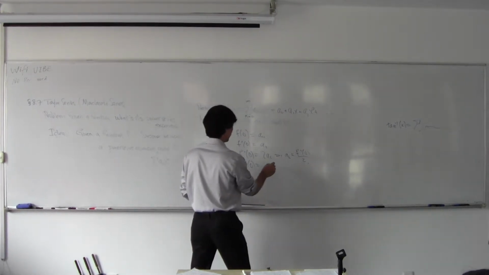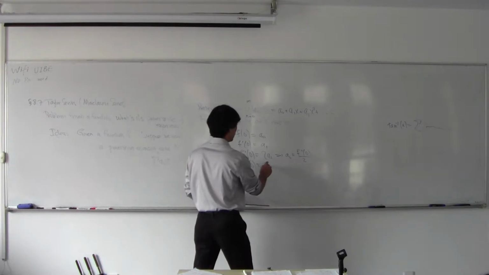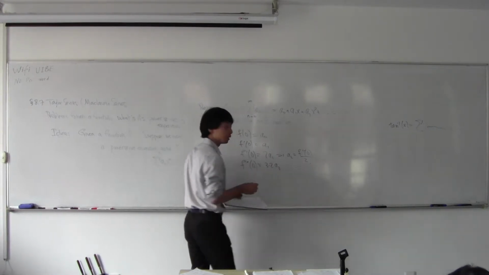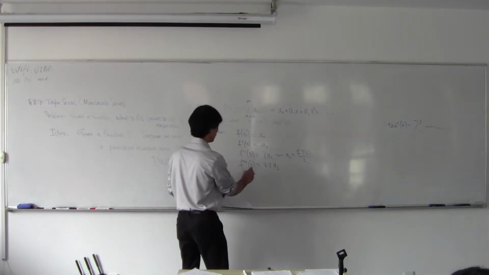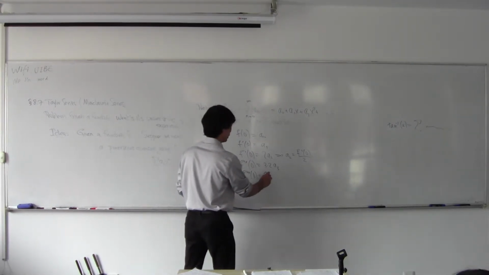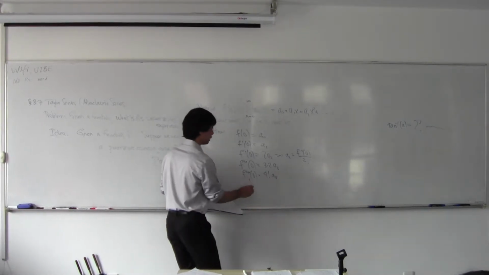The third derivative is going to give me 3 times 2, a3. The fourth derivative evaluated at 0 is going to give me 4 times 3 times 2, a4, et cetera.